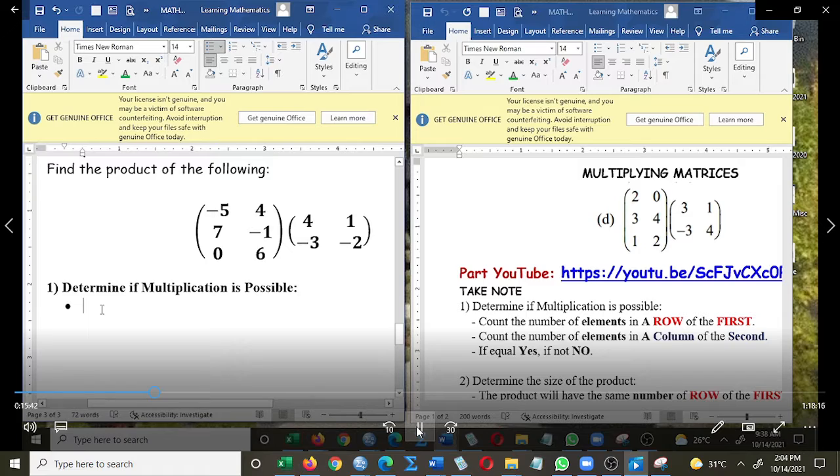So can somebody please tell me what I can write there? The number of elements in the row of the first matrix. Let me put it in bold, uppercase, in the row, and color code it.